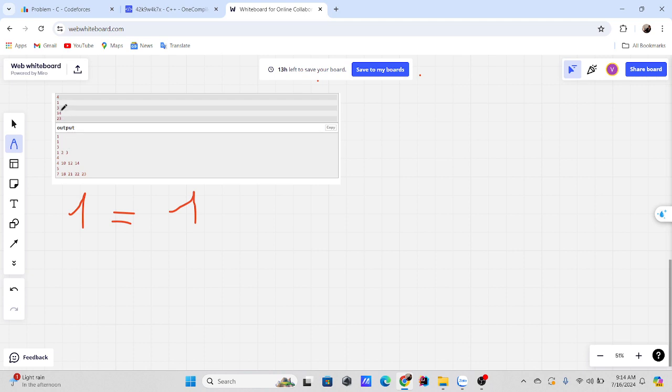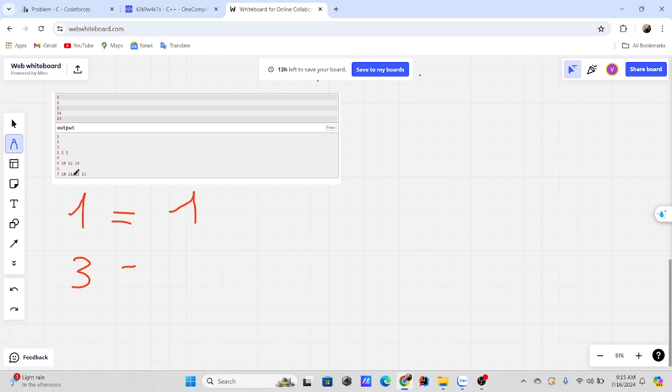And if n is 3, then we have 3 total integers, which are 1, 2, and 3. And with 14 there are 4, and with 23 there are 5.